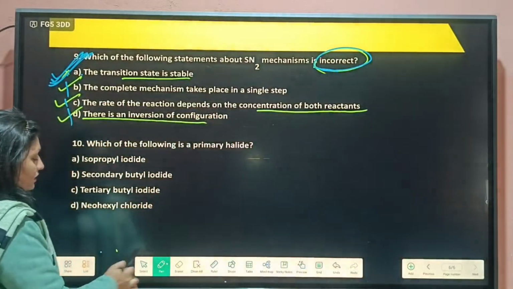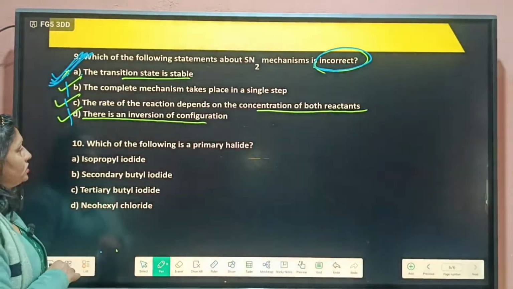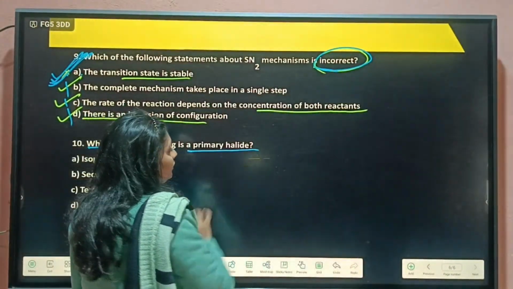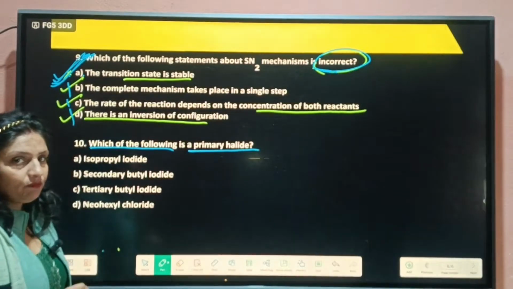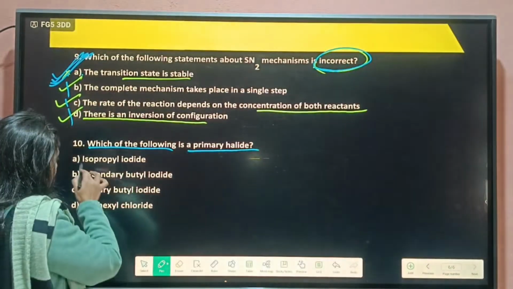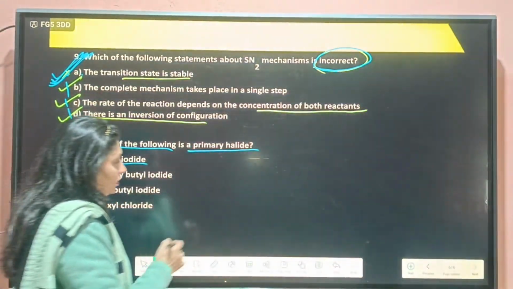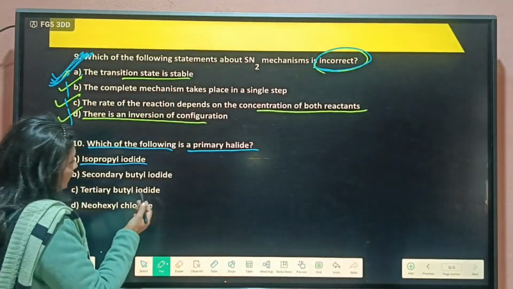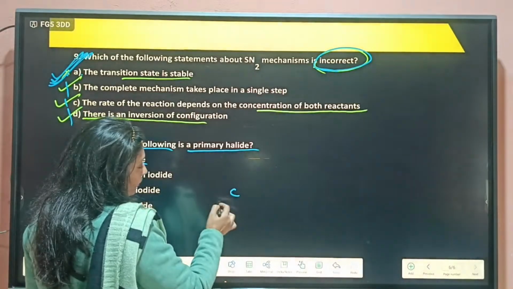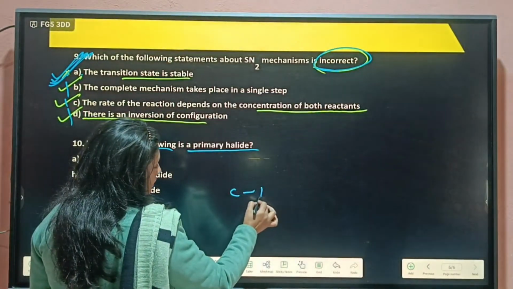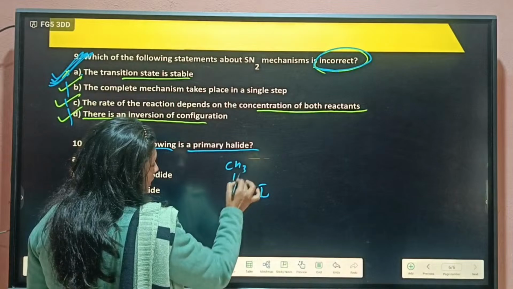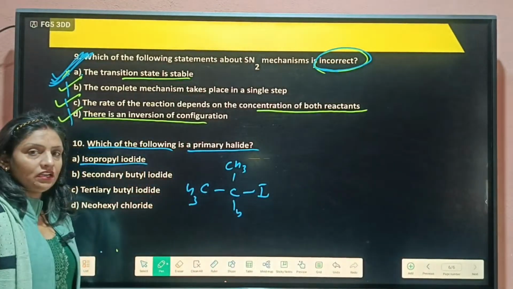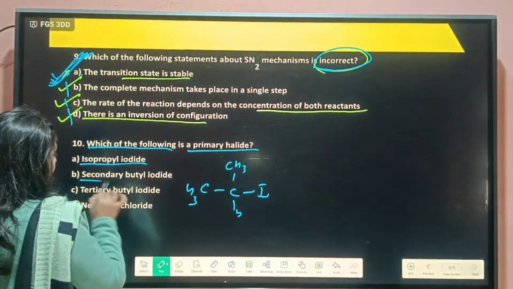Then students, our next question is, which of the following is a primary halide? Isopropyl iodide: it will be secondary.